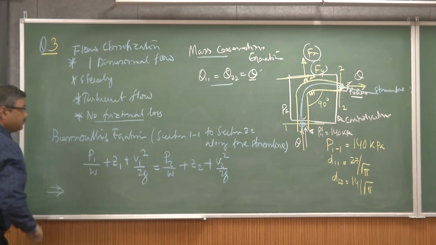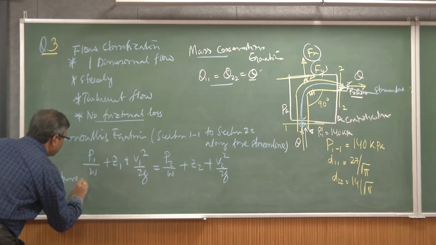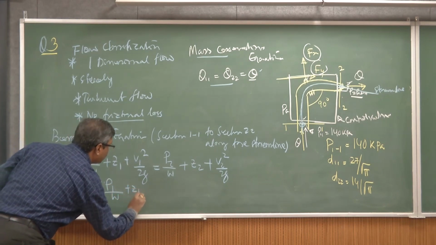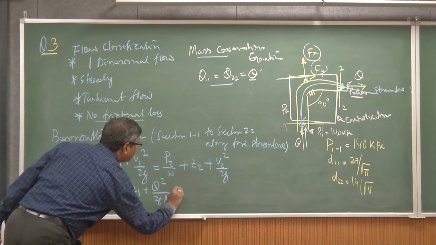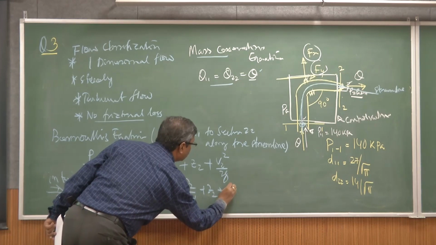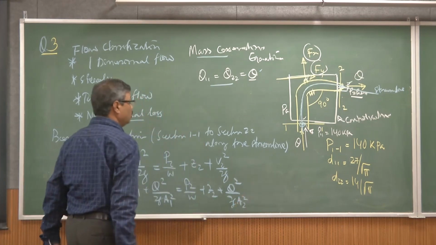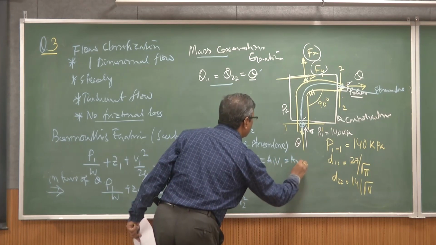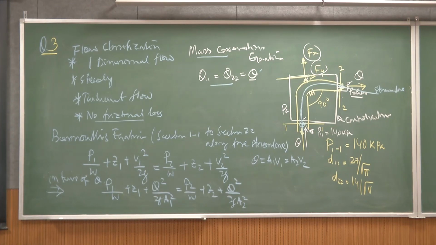We can write this in terms of Q: Q squared by 2g A1 squared, plus P2 over rho g, plus Q squared by 2g A2 squared. You know that Q is A1 V1 equals A2 V2. That is the continuity equation that we applied.